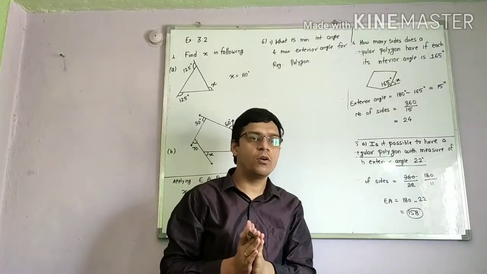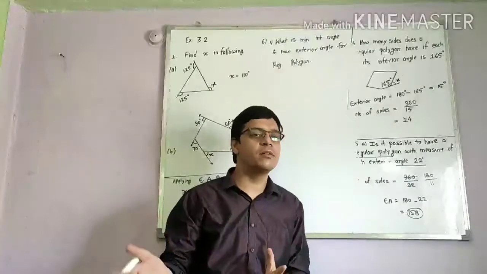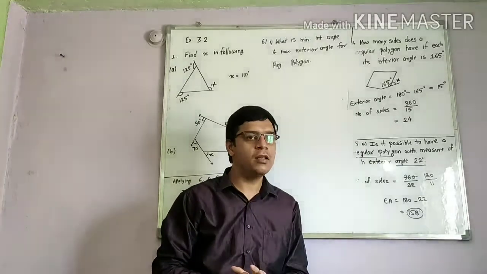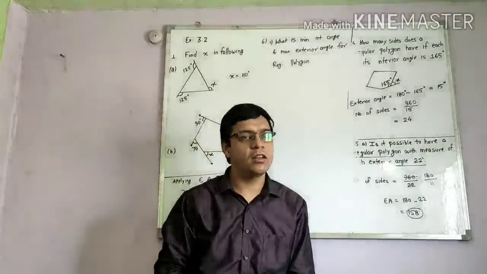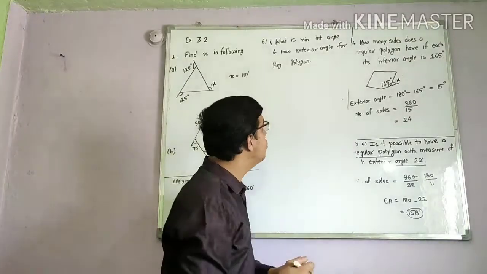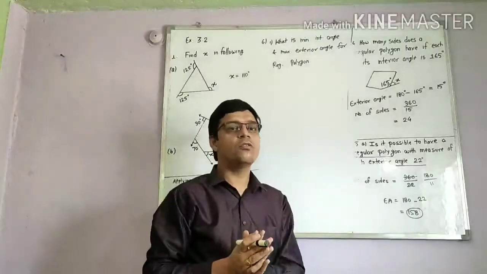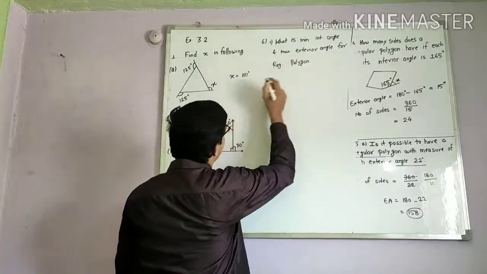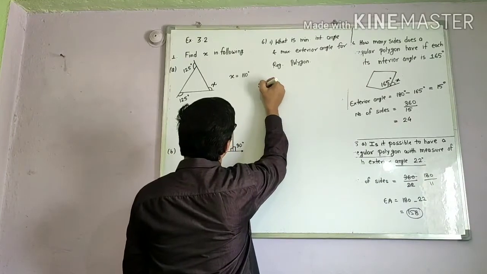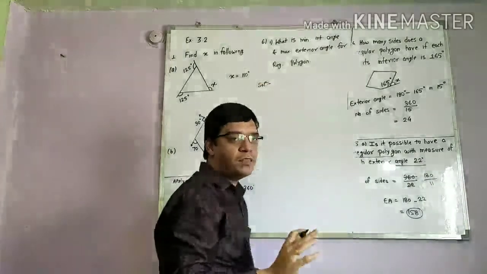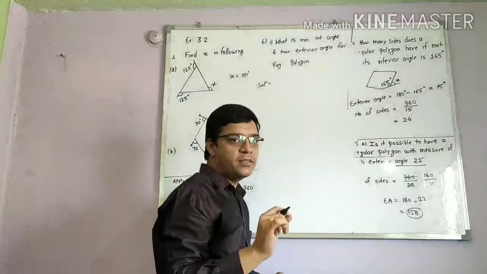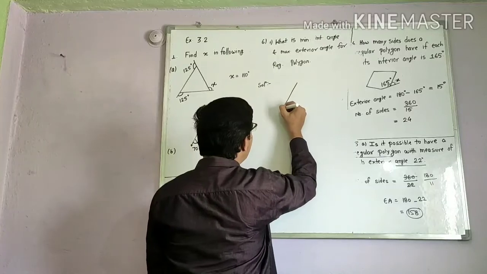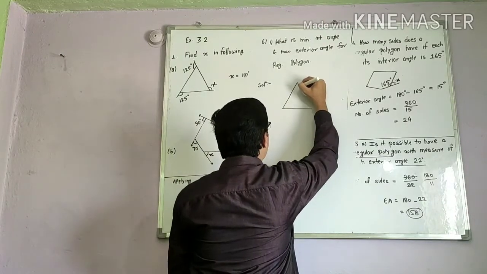That means in any regular polygon, from minimum 3 sides to maximum sides, how much can the minimum interior angle be, and how much can the maximum exterior angle be. So it is a simple solution. The smallest polygon with smallest number of possible sides is a triangle. Polygon with minimum number of sides is triangle, and we should have a regular polygon, so it should be an equilateral triangle.